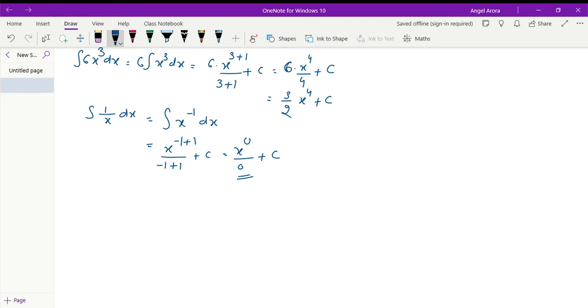There is a different rule that we follow here. To find the integral of 1 upon x dx, we use log of mod x plus c. This is the modulus function, two vertical bars. These are the symbols of the modulus function, or we can also call it the absolute function.